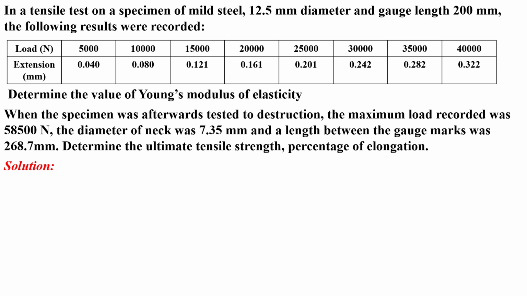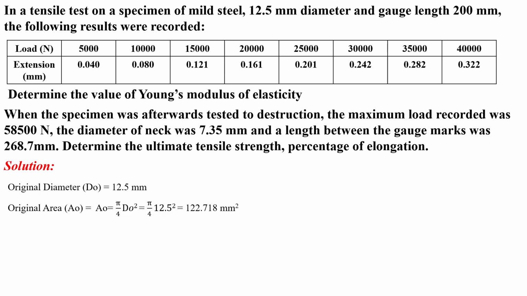First, write down the given data. Here it is given the original diameter of the specimen. Let's consider D0 equal to 12.5 mm. Then the cross sectional area, the original or initial area, let's consider A0.